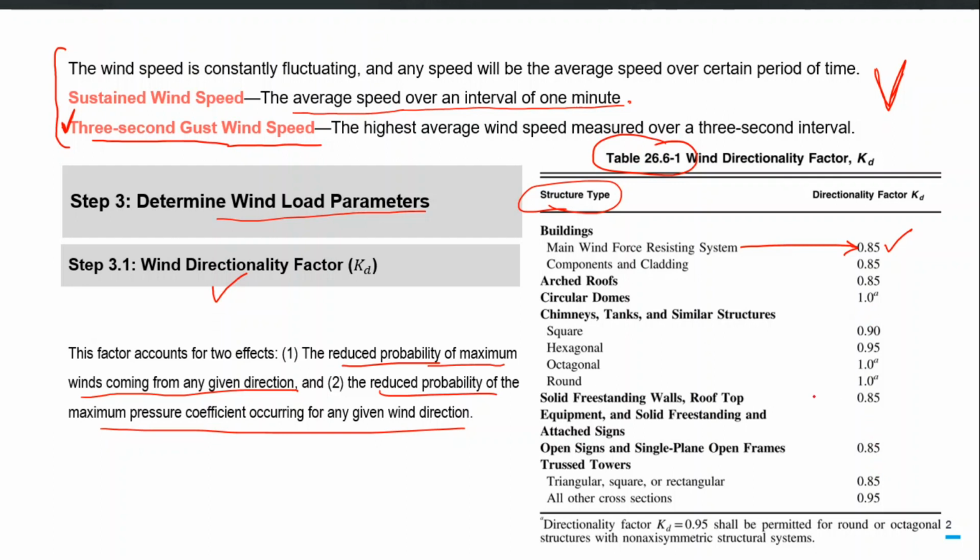For some structures like round or octagonal chimneys or tanks, the value is 1, which means no reduction based on the probability of maximum wind coming from any direction. But for most of the other cases, the number is less than 1, so there is a reduction which is accounted for using this factor.